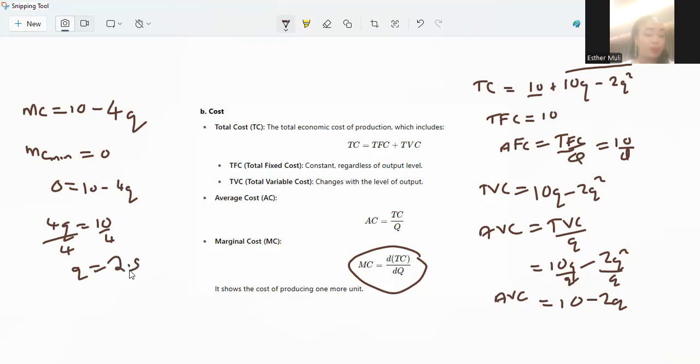For cost, we are looking at minimizing. We don't maximize costs. Are we together so far?